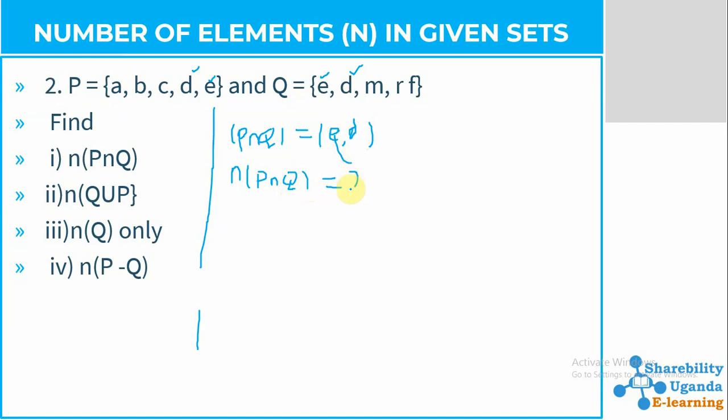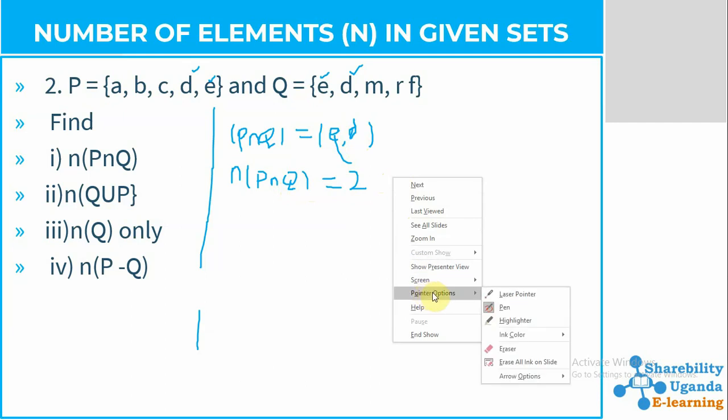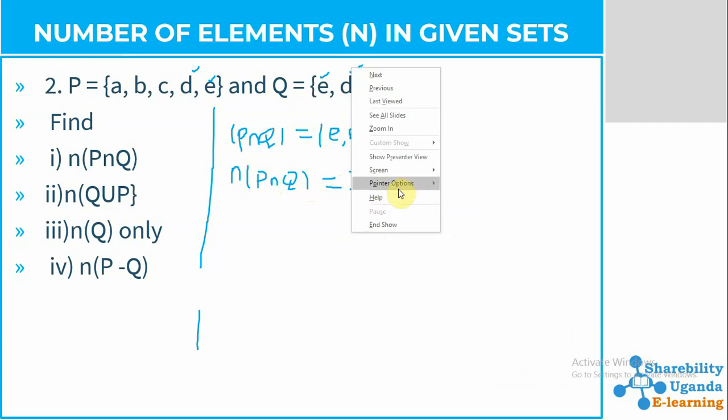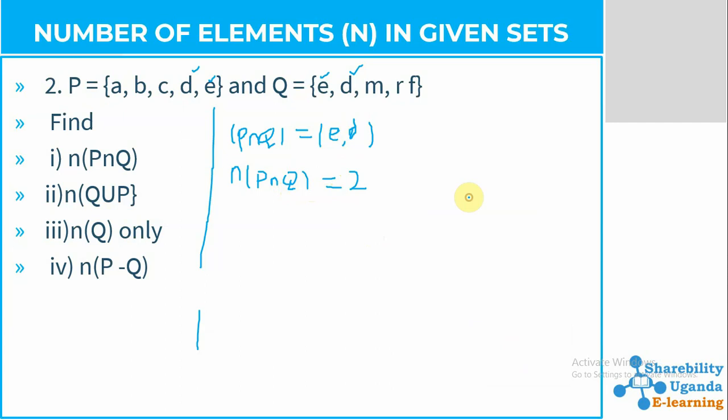So these numbers are 2 only. That is how we answer Roman numeral 1. It is done. Let's go to our Q union P.